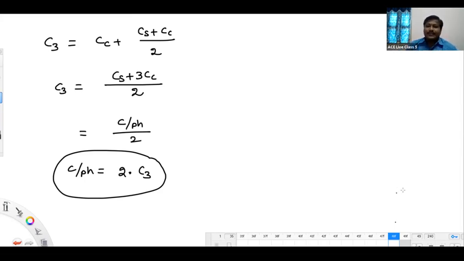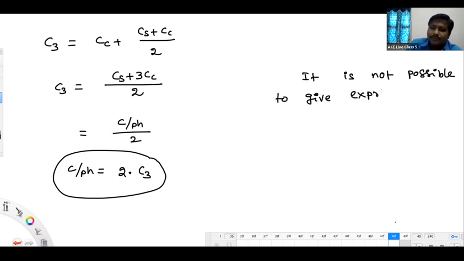Okay, fine. So this is about the capacitance calculation of the 3-core cable by conducting some experiments in the lab. Why it is so: it is not possible to give expressions for CS and CC in terms of cable dimensions.